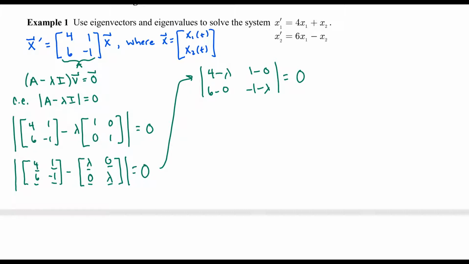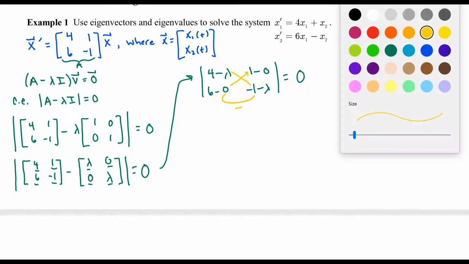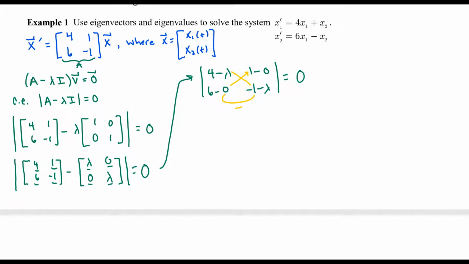Now, let's find this 2 by 2 determinant. Recall that when we calculate a 2 by 2 determinant, we find the forward diagonal product and we subtract the reverse diagonal product, and it must be in that order. So our forward diagonal product is 4 minus lambda times negative 1 minus lambda, minus our reverse diagonal product, which looks like 6 times 1.